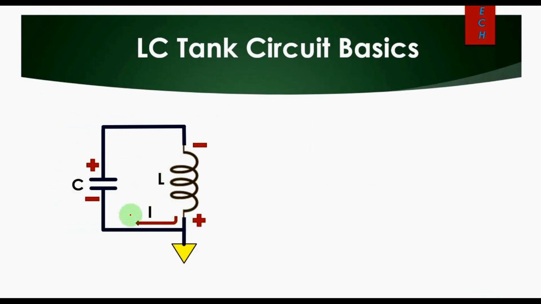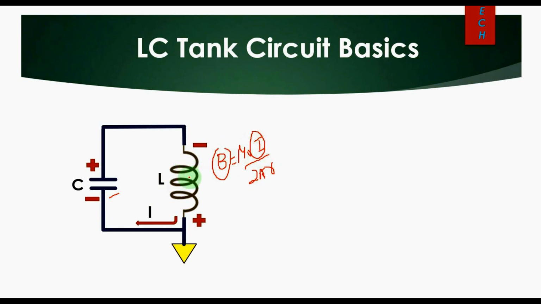Now this capacitor is negatively charging again, right? So we know that the magnetic flux density B equals mu 0 I divided by 2 pi r. So you can see the magnetic flux density is directly proportional to the current of this inductor.